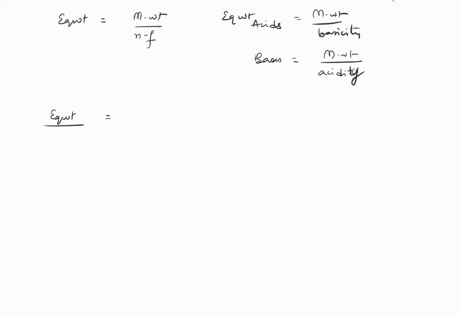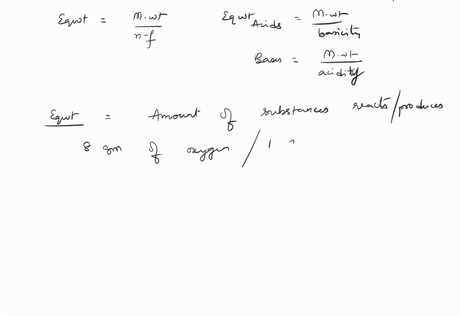Equivalent weight was defined as the amount of substance that reacts with or produces 8 grams of oxygen, 1 gram of hydrogen, or 35.5 grams of chlorine.